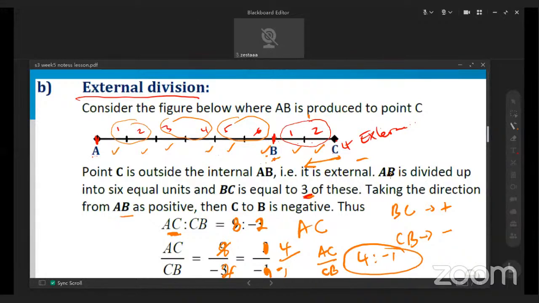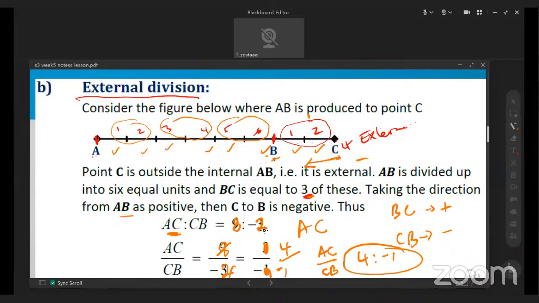Moronji Claire, you have a question. Yes, teacher. I wanted to know, in this case they said AB is divided into 6 equal units, and BC is equal to 3 of these. How come BC is positive, but you're saying CB now?